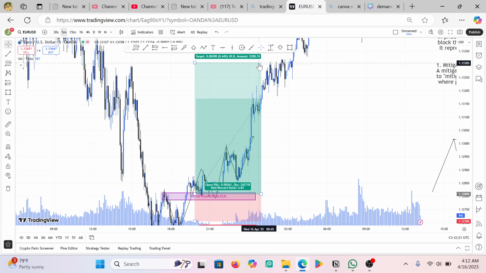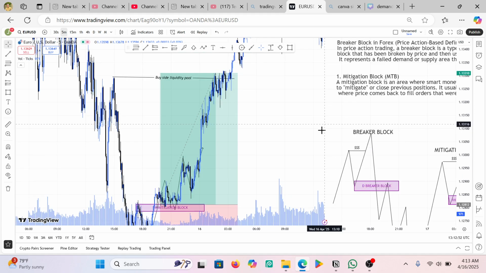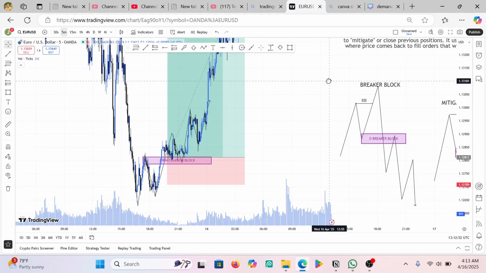Now your take profit above here, which is a sell side liquidity, buy side liquidity pool. That's a buy side liquidity pool where your target is, a risk to reward of 1 to 4. And the market moved massively. That's a mitigation block. There's no sweep of liquidity below here. You can see there's no sweep of liquidity here.